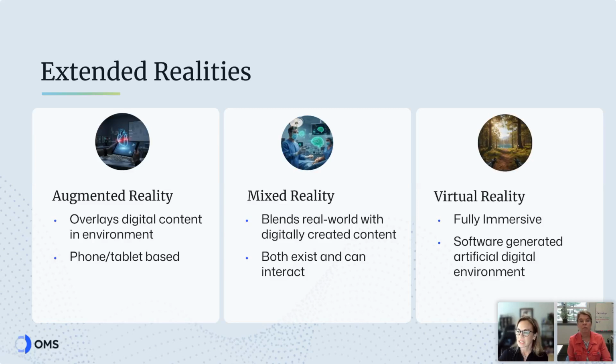Mixed reality is just a step further than AR, where it blends the real world with digitally created content in a way so that both exist together and can actually interact. So this is more of a hybrid space, but it allows for more complex engagement between the physical and the virtual. And then on the far right, you see virtual reality, and that's what we're talking about here today, just that full immersion. This is software generated. It's an artificially digital environment, and it completely replaces the user's physical surroundings with a digital one.